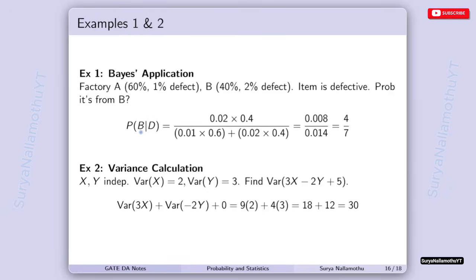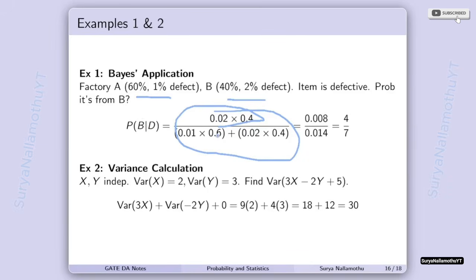So we need to find the probability of B given defective. We have the values 60 by 1%, 40 by 2%. By solving the given statements, we get these values. By applying Bayes' theorem, you get this solution. After applying these values, you get 4 by 7 as the answer.